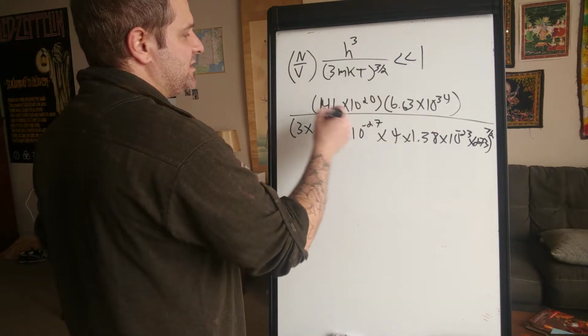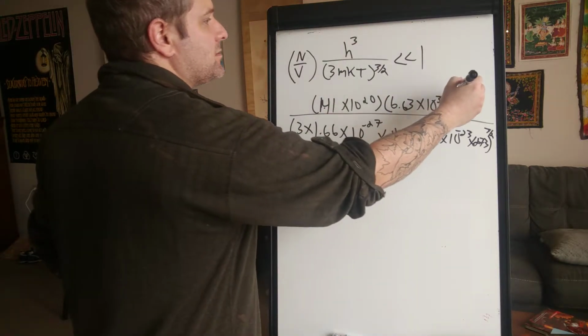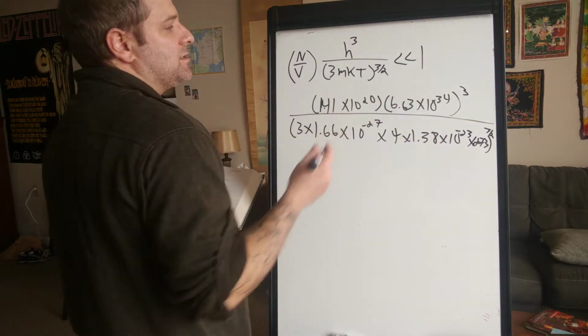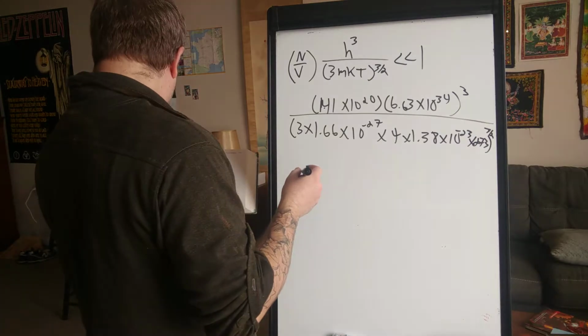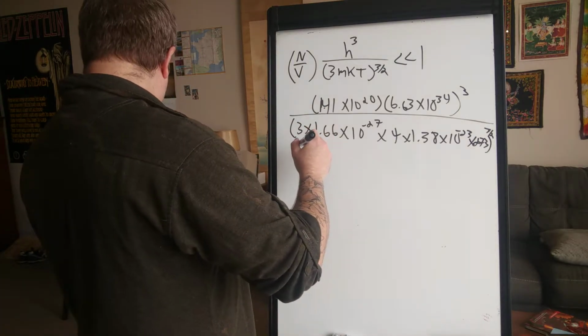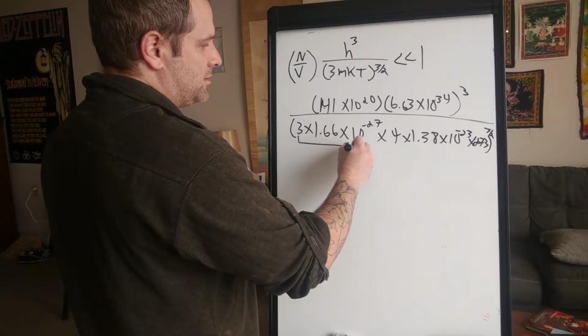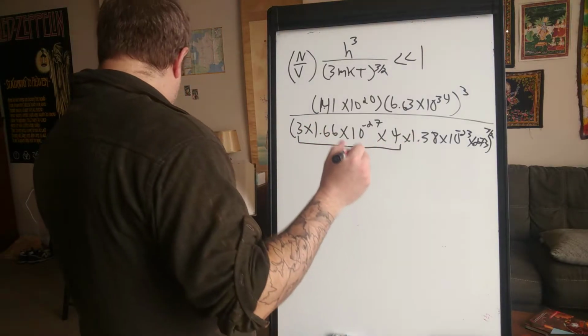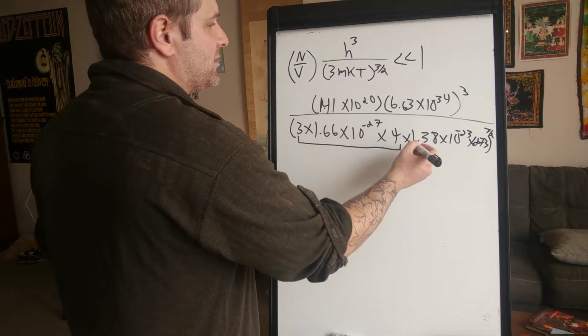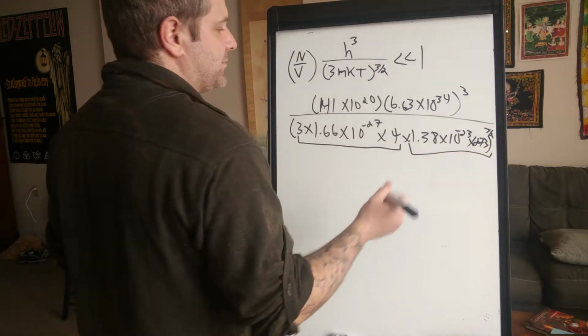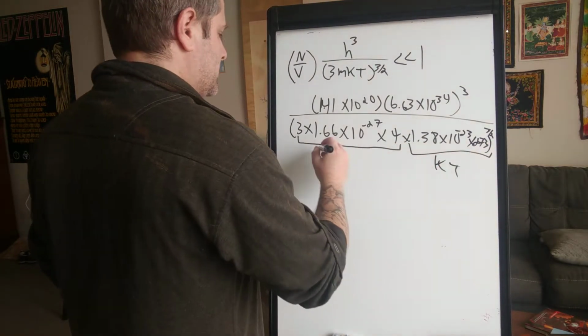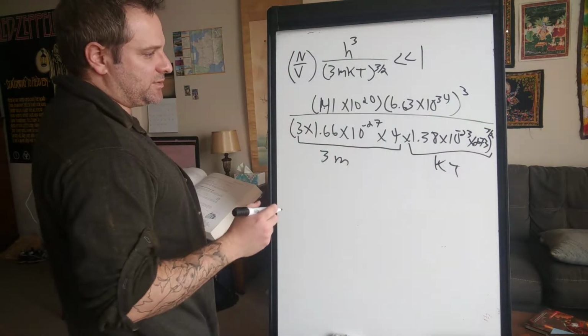So that's the n over V there. This is clearly Planck's constant cubed. This guy here is the 3m, and then this is the kT. So that 3 is this 3, obviously.